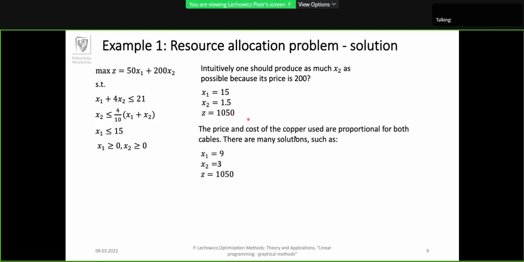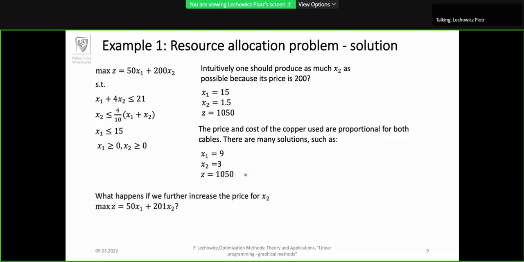And as the price and cost of the copper used for both types of cables is proportional to the resource requirements, there are many solutions which are equivalent. So if we select another value of produced thousands of meters for the first type of cable, and compute the remaining value which can be used to produce the second type of cable, we obtain exactly the same profit.